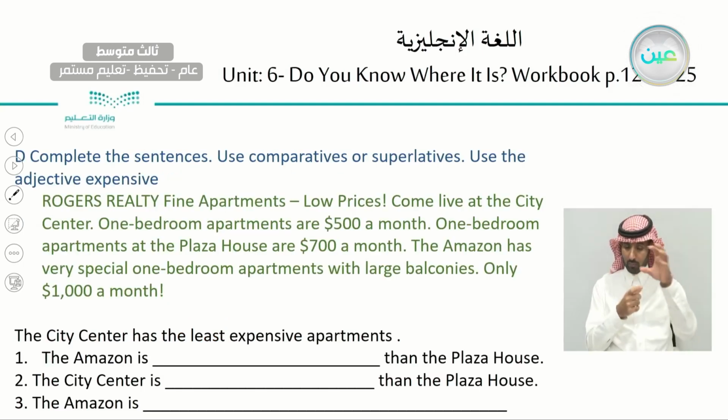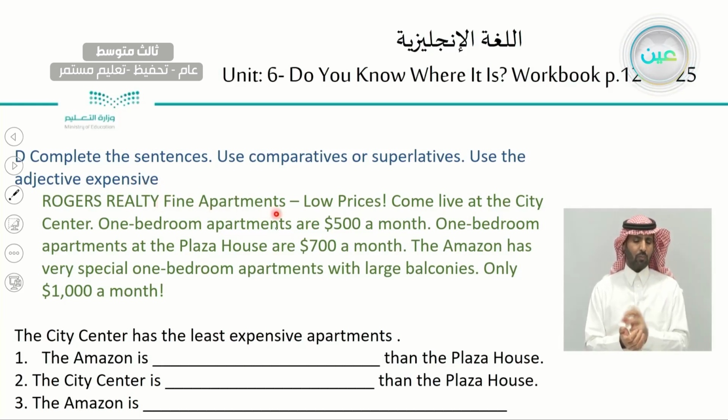D, complete the sentences. Use comparative and superlatives. Also, we will use adjectives. Adjective: expensive. So this is the adjective we are using. Okay. So Dodger Realty Fine Apartments. This is an announcement. Low prices. Come live at the city center. 1-bedroom apartments are $500 a month. 1-bedroom apartments at the Plaza House are $700 a month.